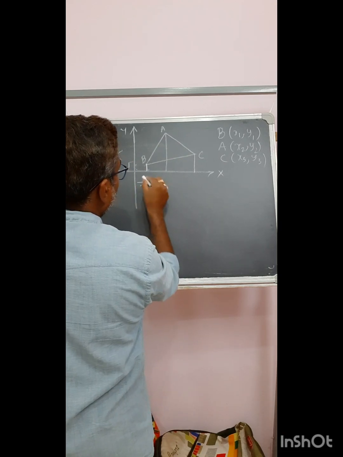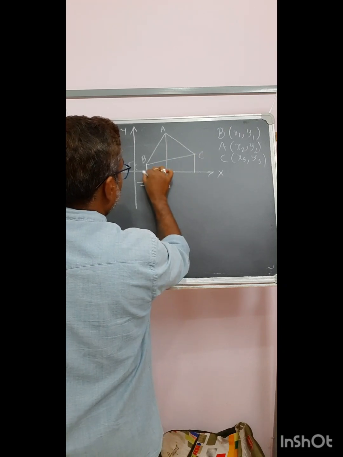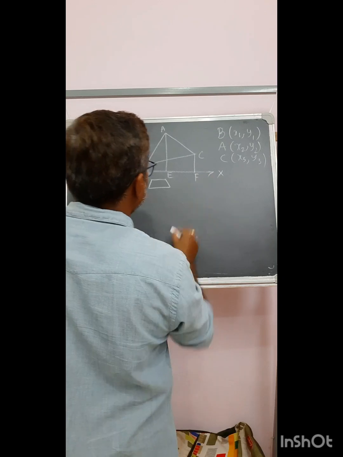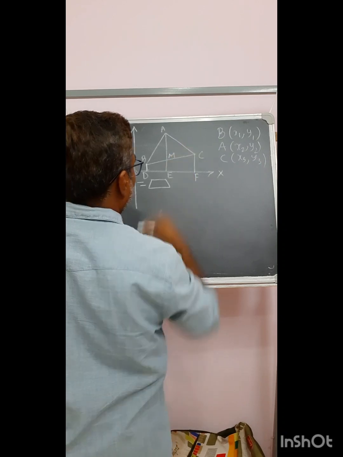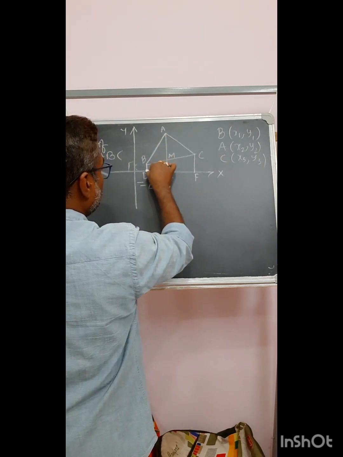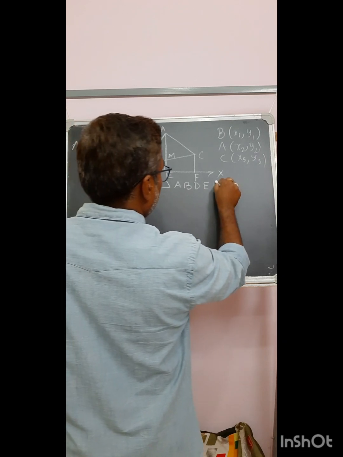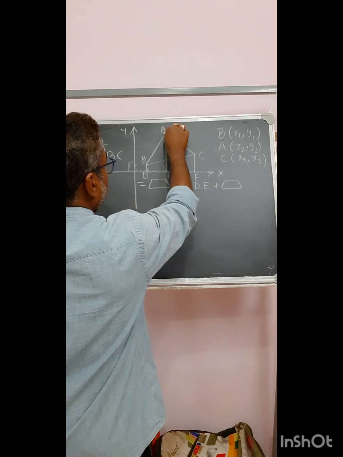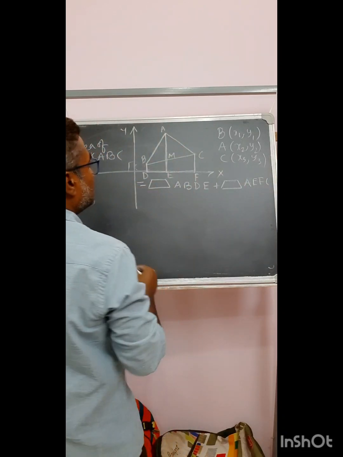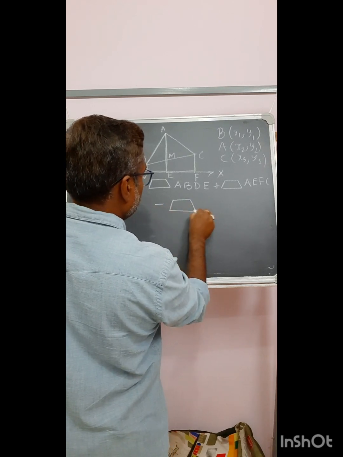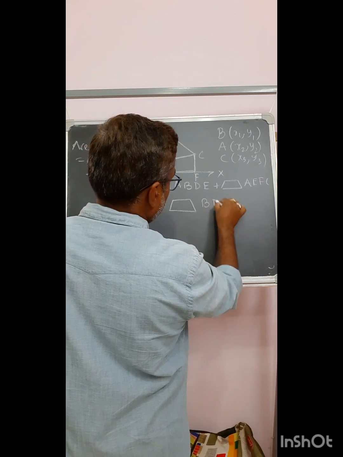I name all the drop points A, B, C, D, E, F, and M. So the area of the triangle will be equal to the area of trapezoid ABDE, the first trapezoid, plus another trapezoid AEFC, minus the trapezoid BDFC.